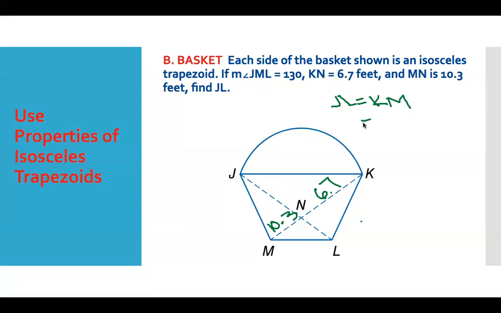And what is KM? 10.3 plus 6.7, right? So that is 17. So JL is 17. Make sense? Questions? All right, let's keep it moving.